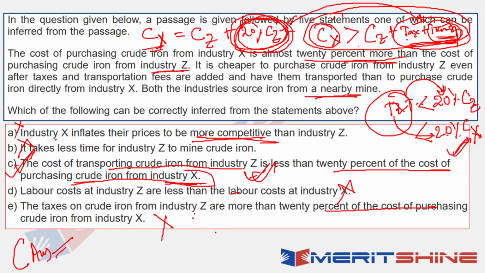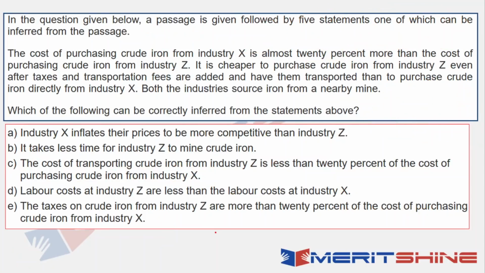Still, after adding also, cost of iron from X is more than cost of iron from Z. So that means the tax and transportation together also could not be equal to 20% of cost of iron from Z. That's the flow of logic. So if together they are not equal to 20% of cost of Z, then how can they be 20% of cost of X? They would be lesser than that. So transportation is definitely lesser than 20% of cost of X. Okay, so that way you could have answered.